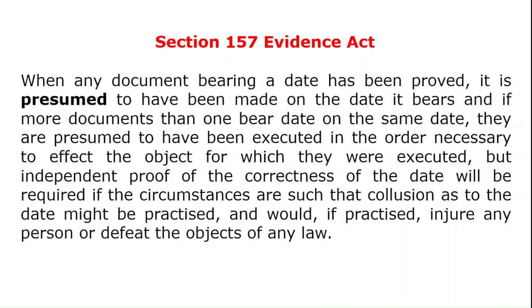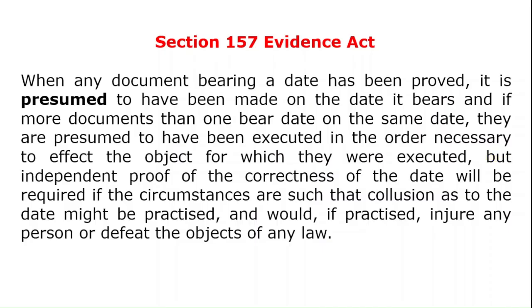But you also have to underline that word but, right? But independent proof of the correctness of the dates will be required if the circumstances are such that collusion as to the date might have been practiced and would, if practiced, injure any person or defeat the object of any law.